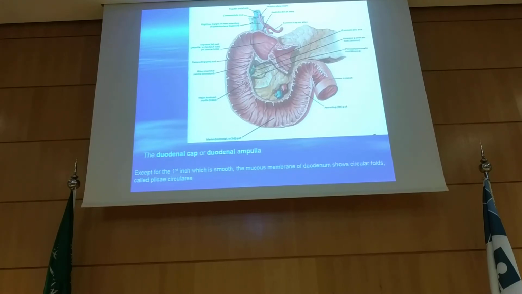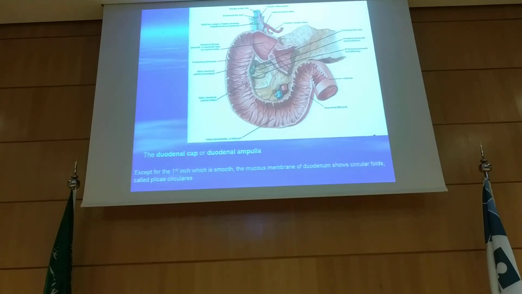Now, how do we know that we got into the duodenum? The first part of the duodenum is called the cap, and the mucosa of the cap is smooth. So if the patient swallows a dye, we call the barium meal. It's a diagnostic tool.